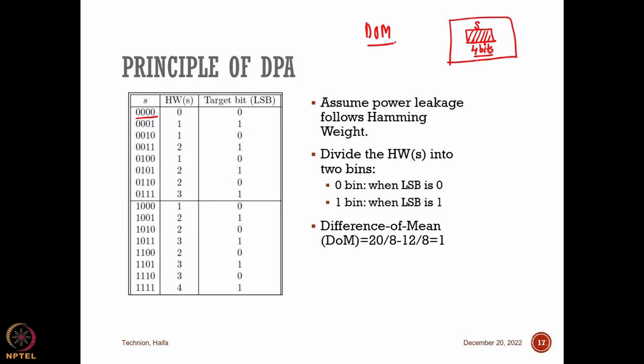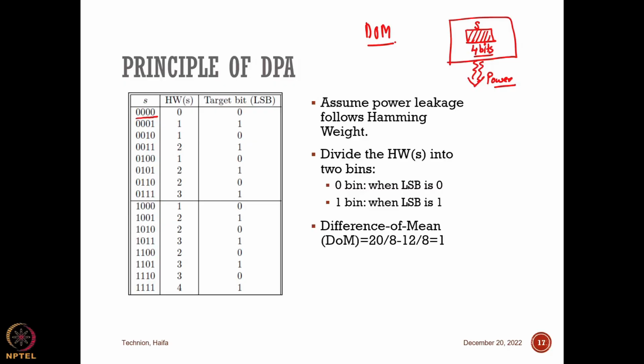But rather, I have some kind of imprint of this in the form of a side channel, which is the power consumption of the device. I do not directly see that state, but I see a power consumption which is happening because of that state S. In VLSI circuits, or in circuits in general, one very common way of understanding this power is by describing what is called a power model.